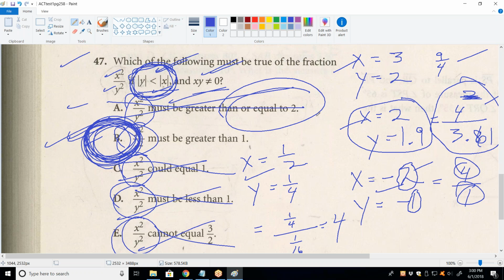You just have to be careful. When you're picking numbers like I did, you want to make sure you pick positive numbers. You want to make sure you try some negative numbers. And you want to make sure you try some fractions.